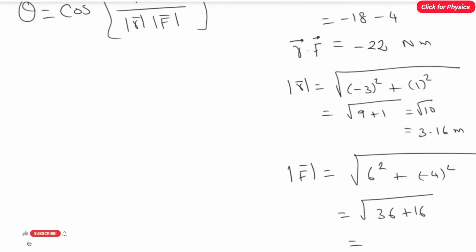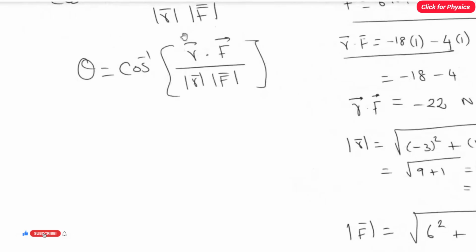So here we got 36 plus 16, which is 52. So root of 52, let's see the answer: I got 7.21. The answer here is 7.21 Newton.